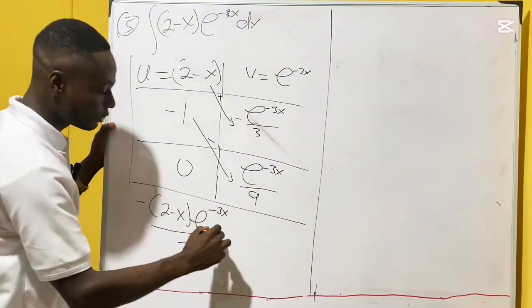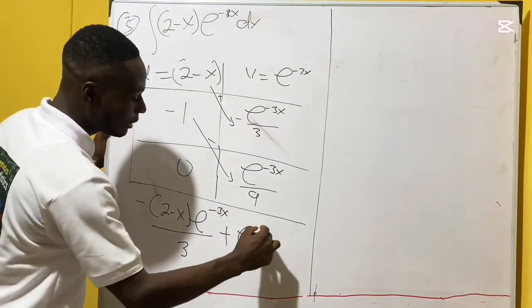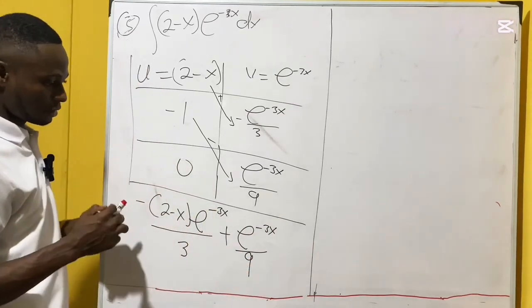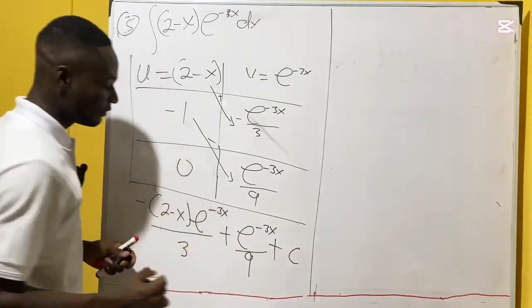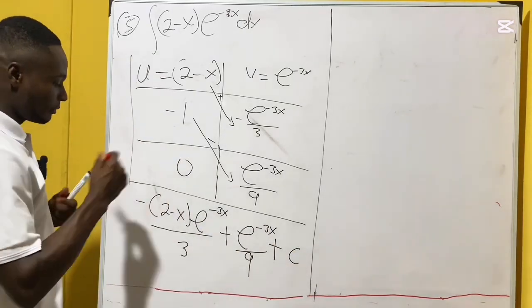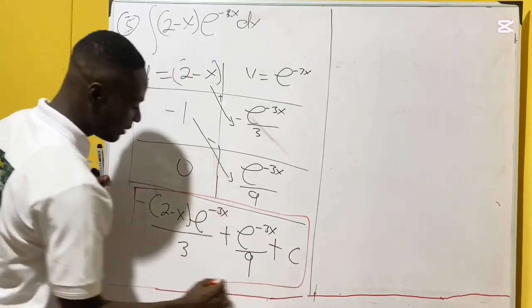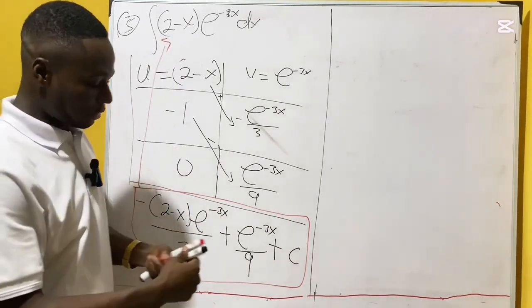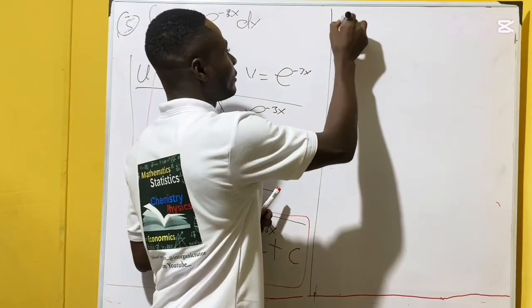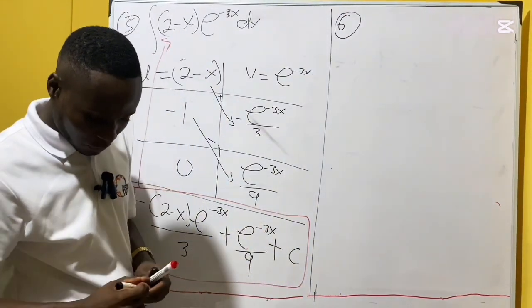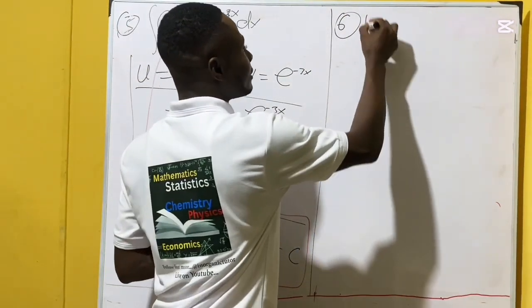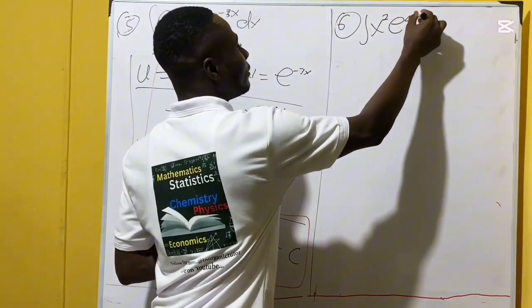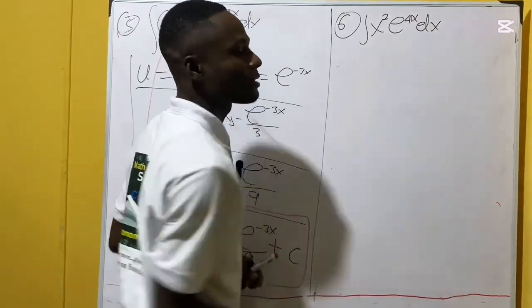This is positive, so it's going to be plus e power negative 3x on 9. Of course, plus a constant of integration. And this becomes our final answer to problem number 5. Let's look at our sixth problem, which is the integral of x squared e power 4x dx.